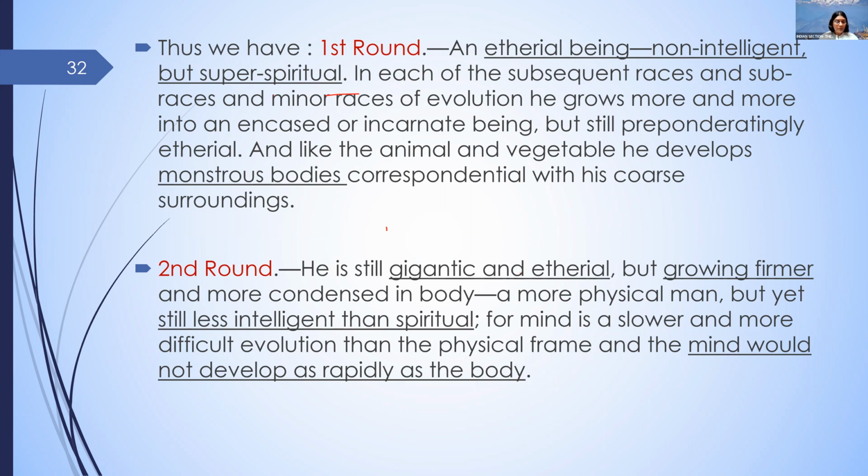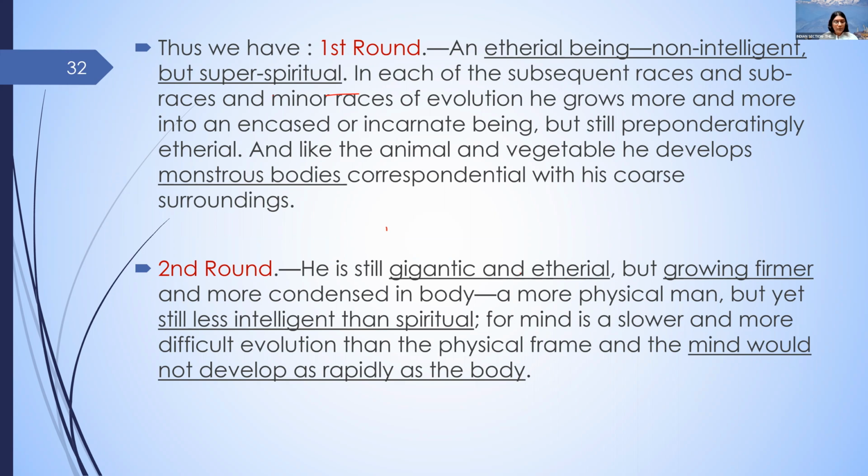So in the second round, man is still gigantic and ethereal, but he is growing firmer and more condensed in body, a more physical man. So his form or body is consolidating, but he is yet less intelligent than spiritual. So spirituality is still dominant over his nascent mind. Mind is nascent, not yet developed.